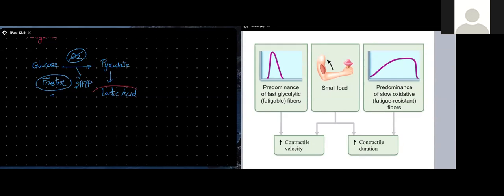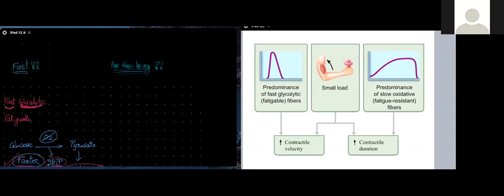So having lactic acid, having small amounts of energy that will get produced, yes, I have a faster contraction, but I can't contract for long. I have a short duration of the contraction. I am faster, but I have short duration of the contraction because the muscle gets fatigued. It has small amounts of energy. It's accumulating lactic acid. Those are the two main reasons for muscle fatigue.